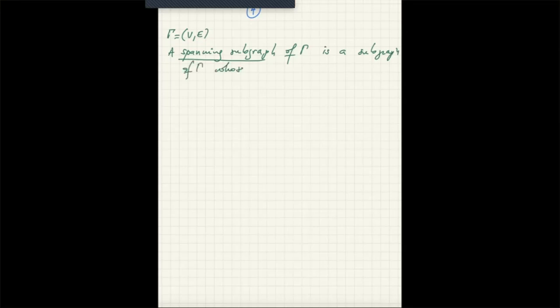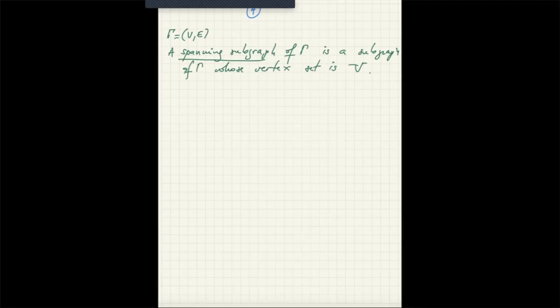Before I do that, let me give you a quick definition. So given a graph gamma, I mean, we did this before. Let me recall that a spanning subgraph of gamma is a subgraph of gamma whose vertex set is V. Okay, so just remember that that's what a spanning subgraph is.